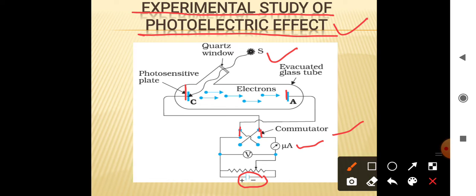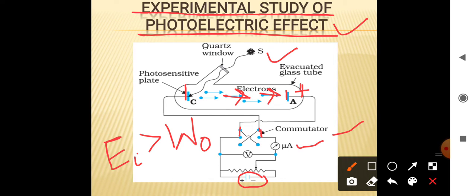Now what happens when this source emits radiation, and this radiation has energy greater than the work function? Then electrons will be emitted from this metal plate C. Due to the positive potential of plate A, the electrons will move towards plate A, and these electrons are called photoelectrons.